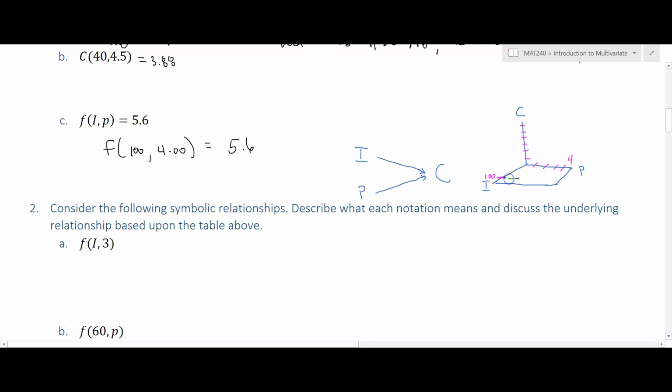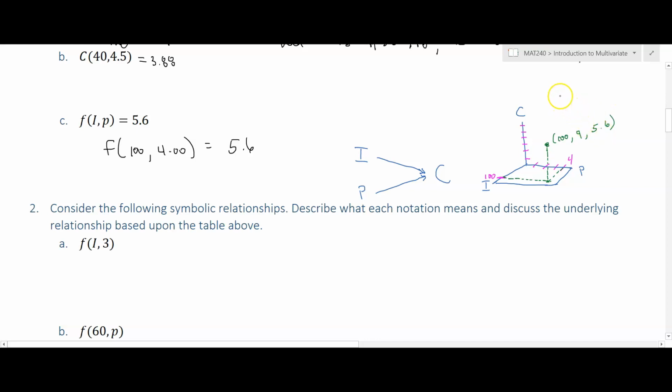So if I draw this line across here, and then I draw this line down, this right here where these two points intersect, that's where the input of 100 meets the input of 4, and now from there I need to go up about 5.6 units, which is that length right there. So that length will lead me to the location of this point right there. So this is the point 100, 4, 5.6.